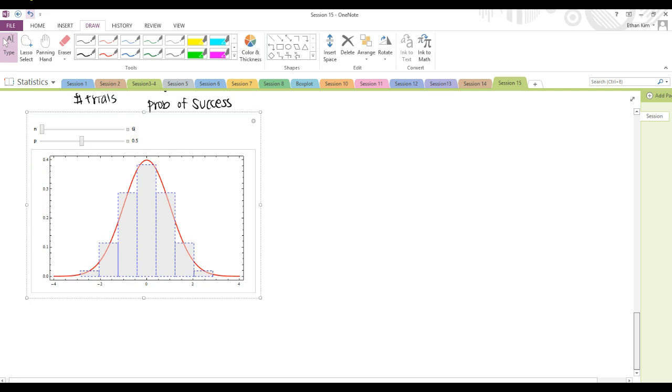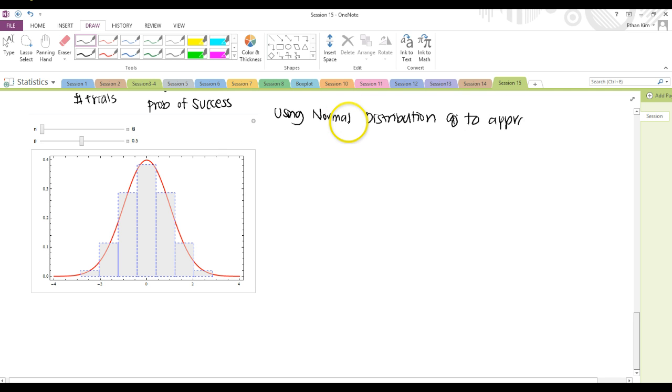So using normal distribution to approximate binomial distribution is widely used.